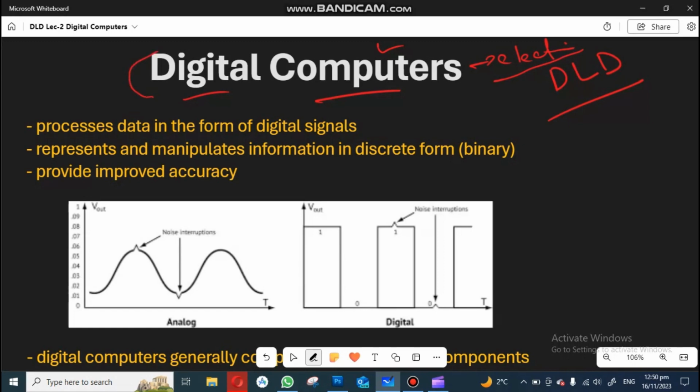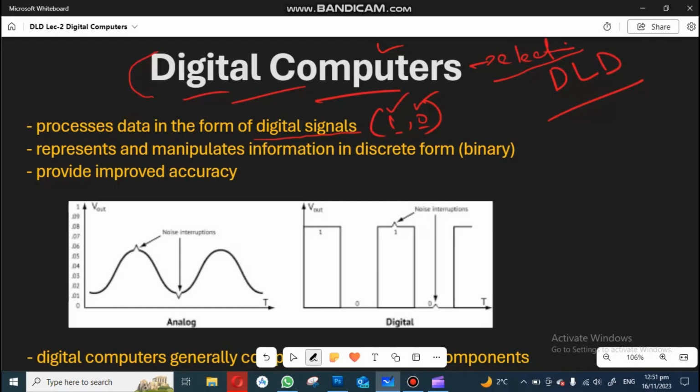So what is the purpose of a digital computer? A digital computer processes data in the form of digital signals. Simply, here we deal with digital signals, and just like in the previous video, 1 and 0 are the digital signals. There are only two types of signals in digital media or digital communication, and that is what? 1 and 0. We can only use these two signals when we are using a digital computer.